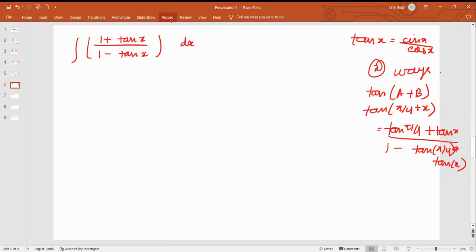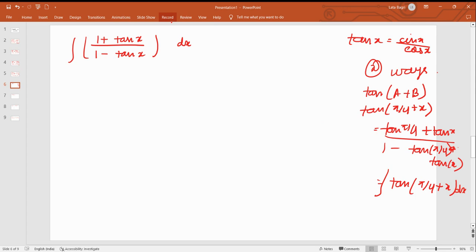So basically this thing you can write together as tan pi by 4 plus x, and then you differentiate this. For this differentiation also a bit of complications will be there, because there is no direct differentiation of tan x as such, so don't do this. What you can do is actually replace tan x by sin x by cos x. Okay, so that's what I'm going to do.